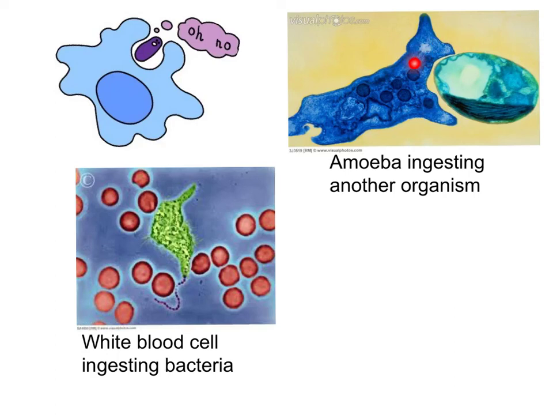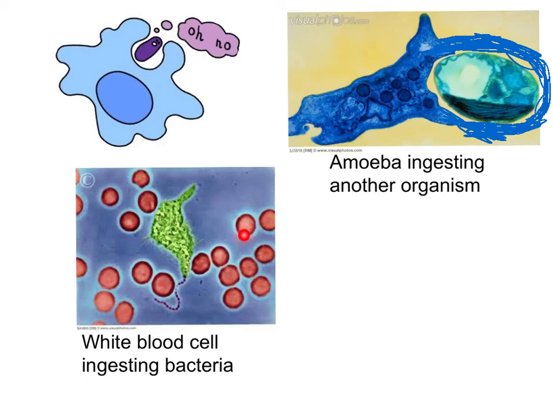These are false feet that are reaching around, and eventually it's going to take it all in and engulf it. We can take a look. The pseudopod's going to come completely around it, and it's actually going to become part of this amoeba, and then digestive enzymes will digest it.